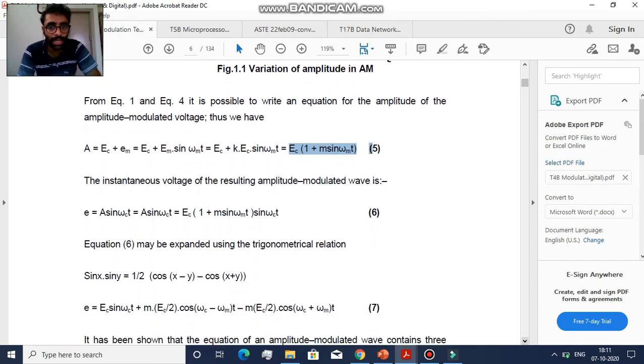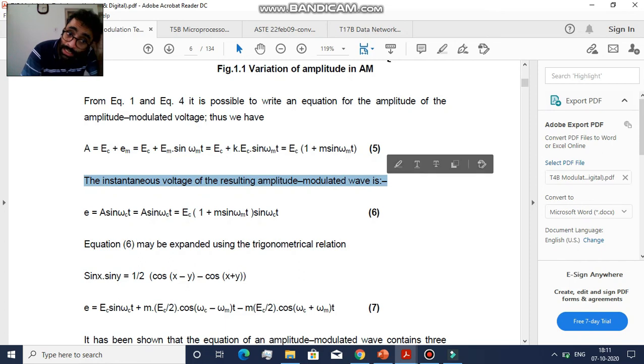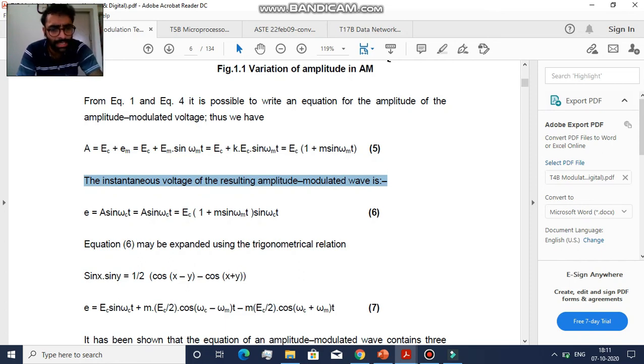Now the instantaneous voltage of the resulting amplitude modulated wave is E equal to A sin omega ct, where A is the amplitude of the signal and omega c is the angular frequency of the resultant amplitude modulated signal. So omega c, the angular frequency, would be the same as the carrier angular frequency, but the amplitude would be different.